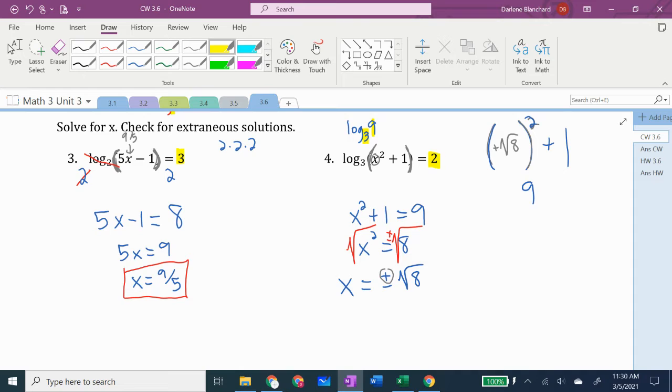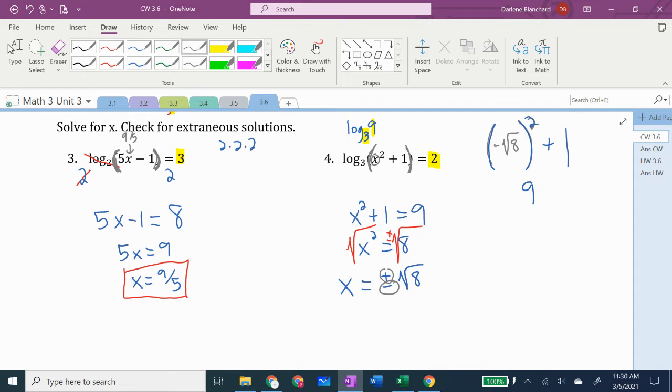The other number I have is negative the square root of 8. If it's negative the square root of 8, it is still having its entire number squared before adding 1.